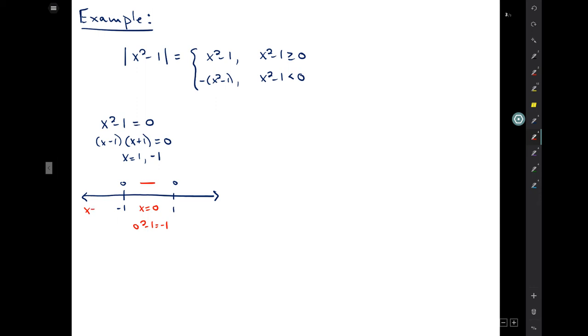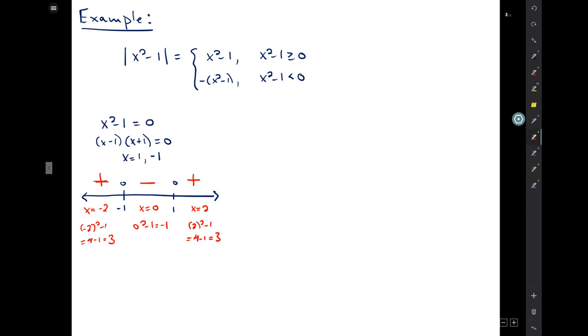If I plug in x equals minus 2, and I can use any number to the left of minus 1, minus 2 squared minus 1 is 4 minus 1, which is 3, so I know this interval is positive. And if I use x equals 2, 2 squared minus 1 is again 4 minus 1, which is 3, and so I know that this is positive over here.